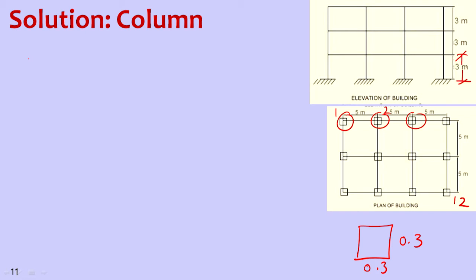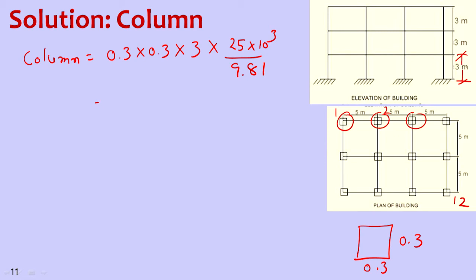So let us calculate the mass of a column, which is nothing but 0.3 by 0.3 as the cross section, multiply by height, multiply by density, divided by 9.81 will give me the total mass as 8,256.88 kg. So this is the column.